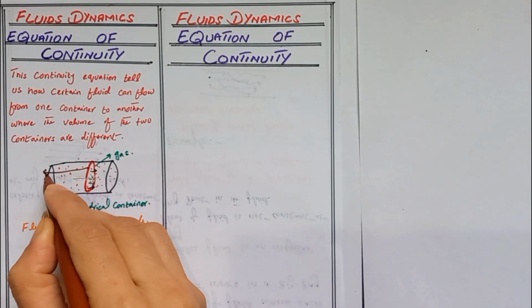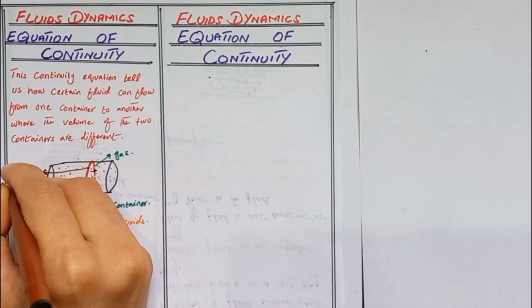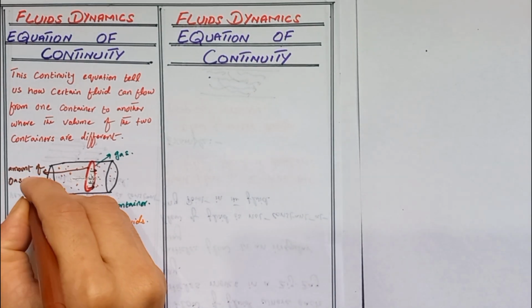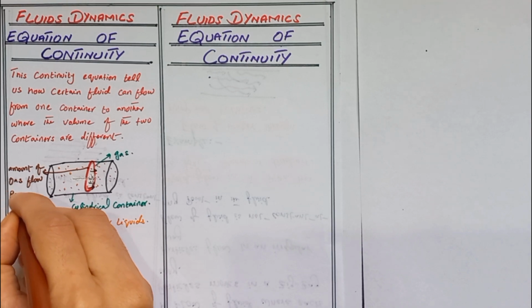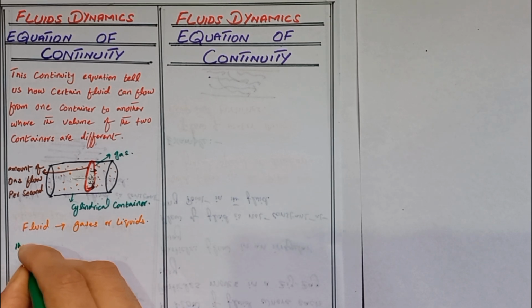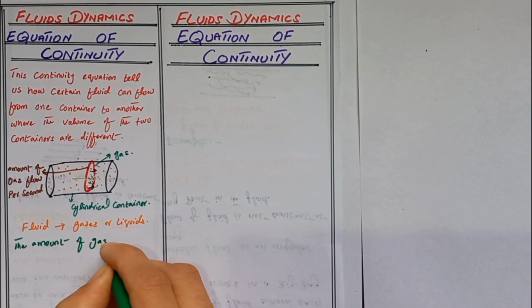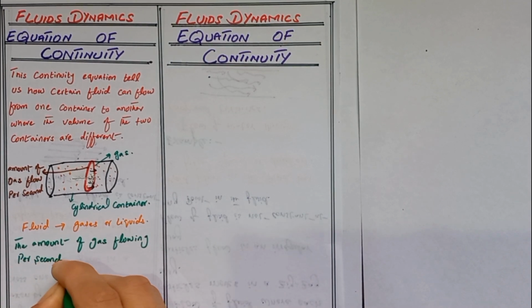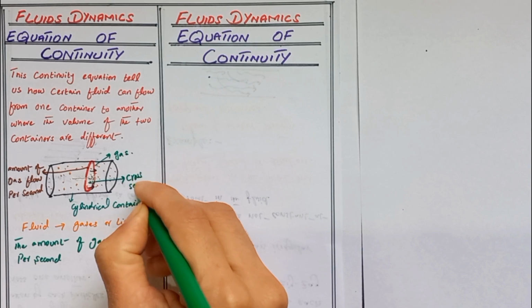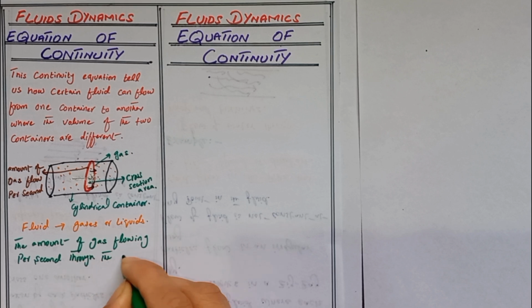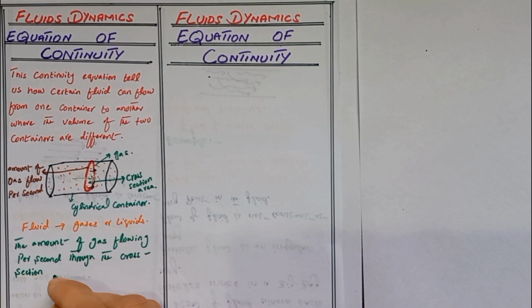So here we write, we measure the amount of gas flowing per second through this cross section area.